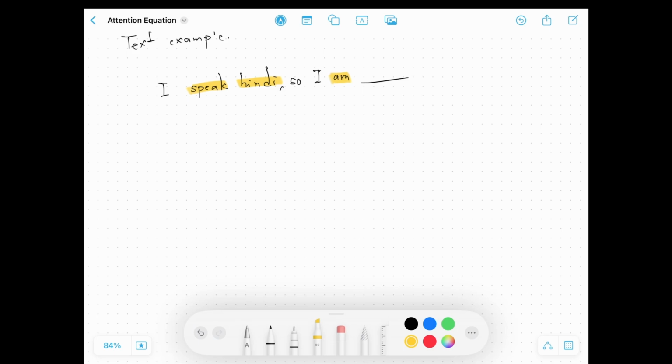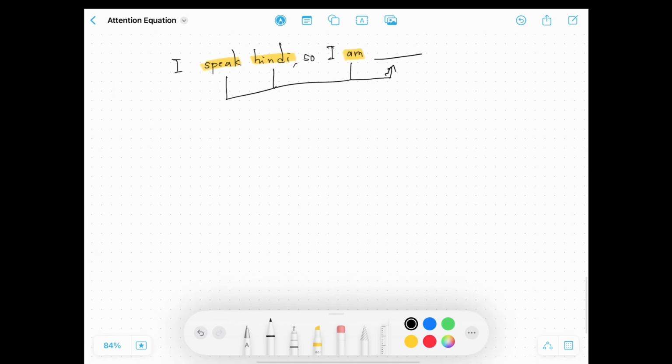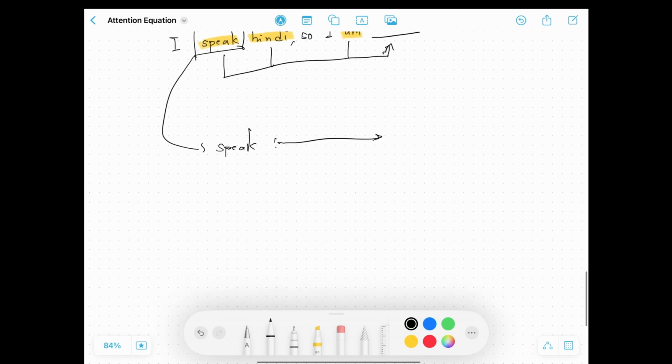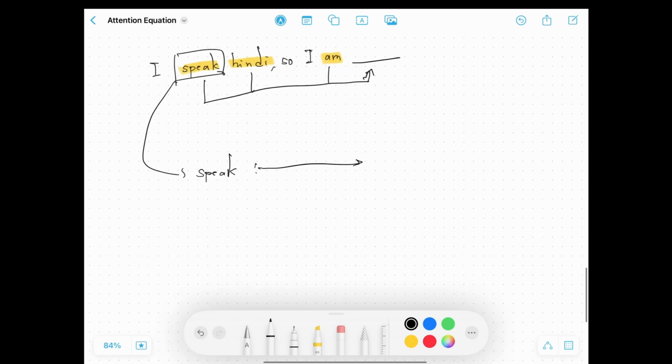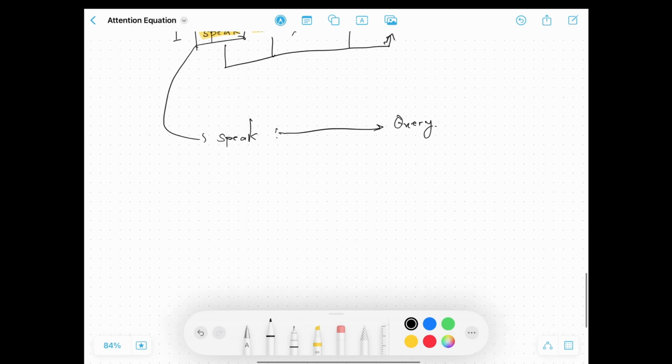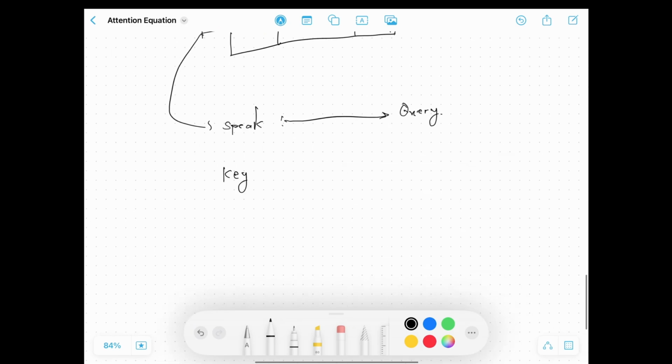These are the three things based on which I'm going to predict the next word. So here, what will be the query? Let's say this is the first query: I speak. What do I speak? This would be our query. So the key would be inside the embedding space. The key would be like, what do I speak?